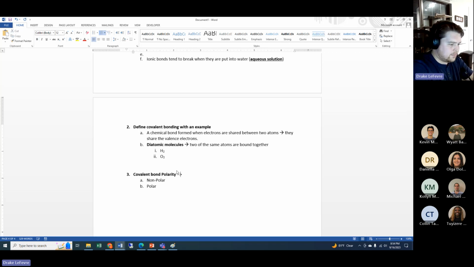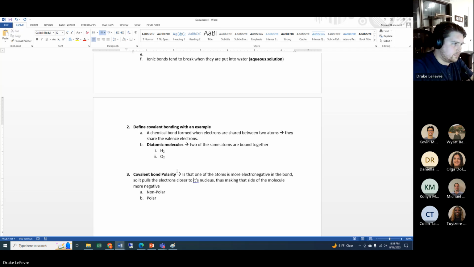What polarity is, is that one of the atoms in the bond is more electronegative, so it pulls the electrons closer to its nucleus, thus making that side of the molecule more negative. Let me actually switch this to polar there.